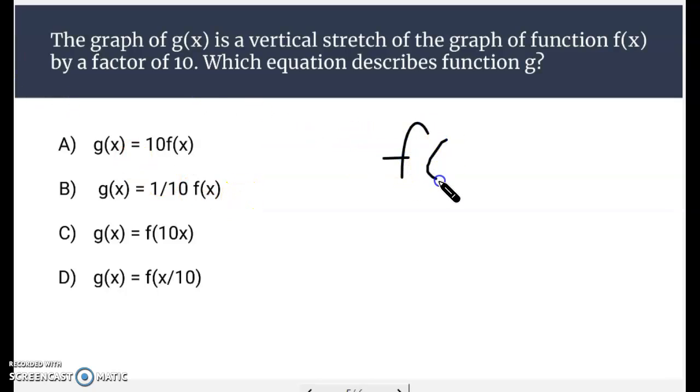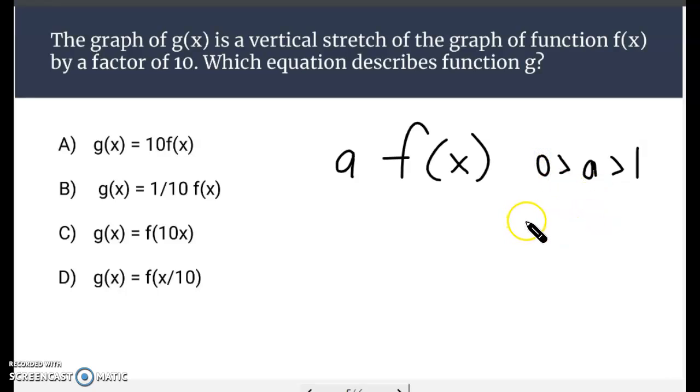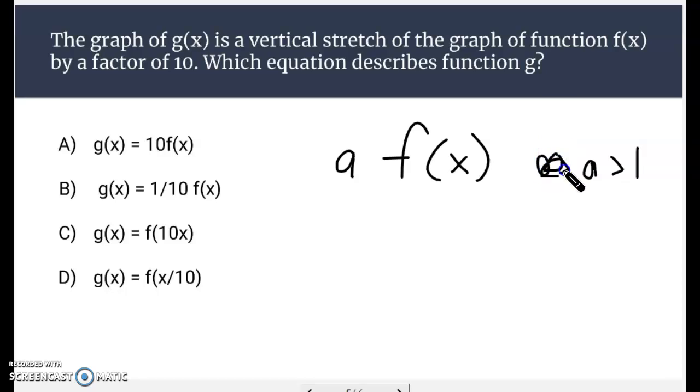Okay, so let's say we have f of x, and if you multiply it by a number a, if a is greater than 1, it's going to be a vertical stretch. That actually stretches out a function, and I can show that on Desmos here.